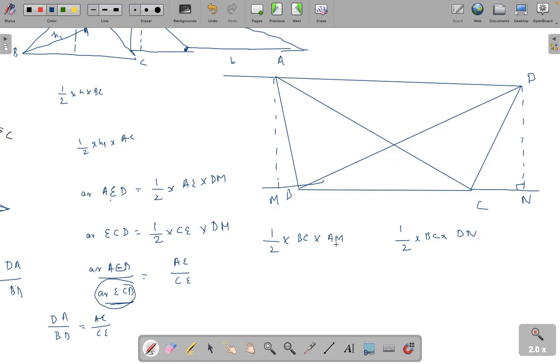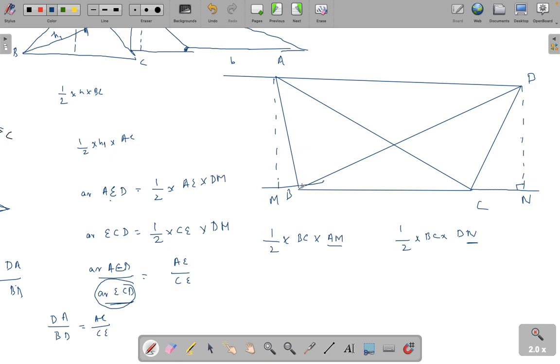AM and DN are equal, so the area is the same. So whenever you see triangles that have the same base and lie between the same parallels, you understand this is the base because this was the height.